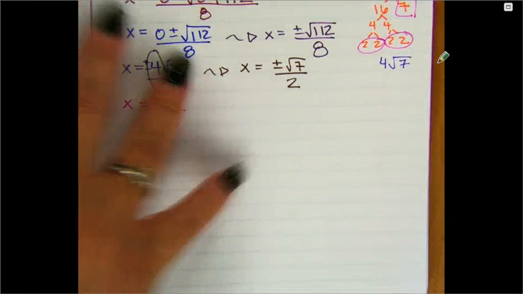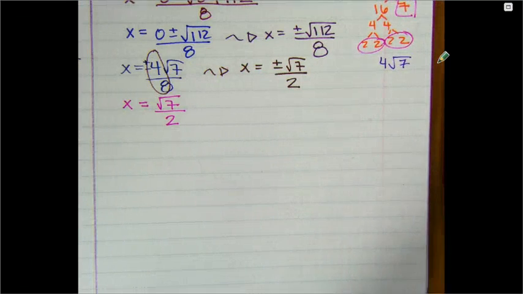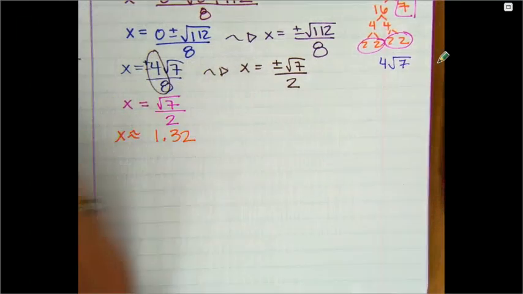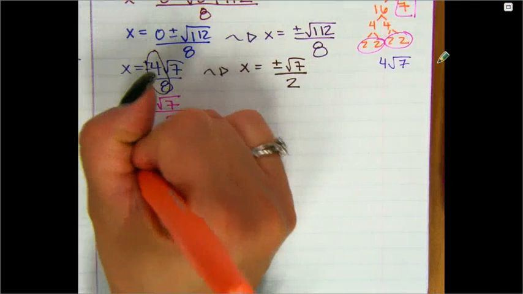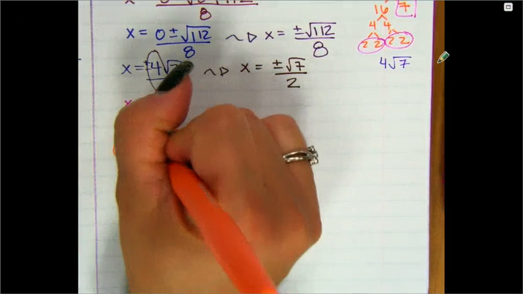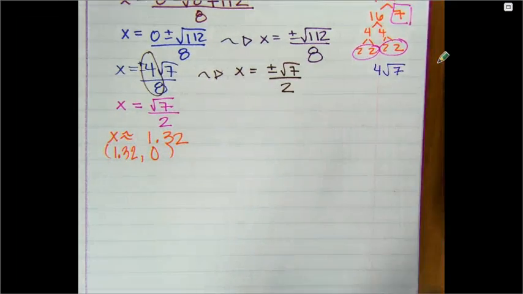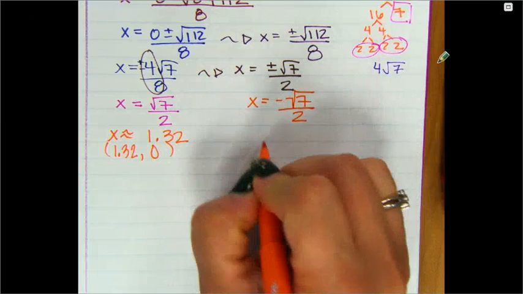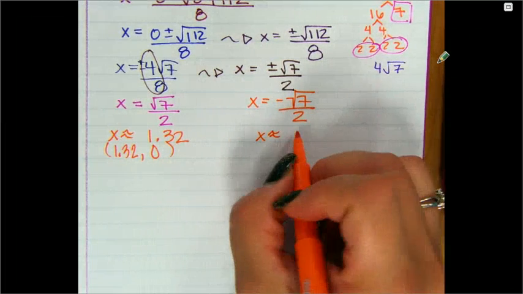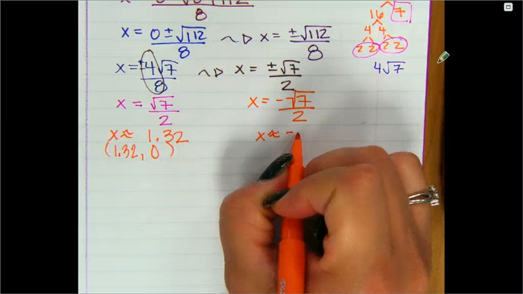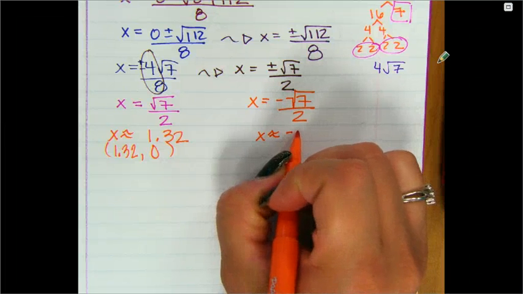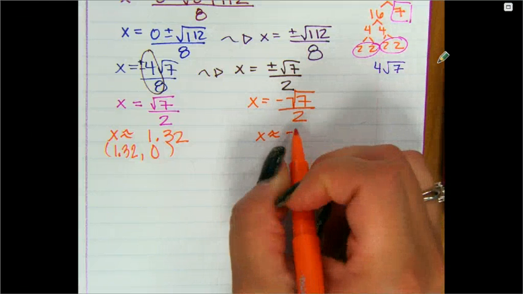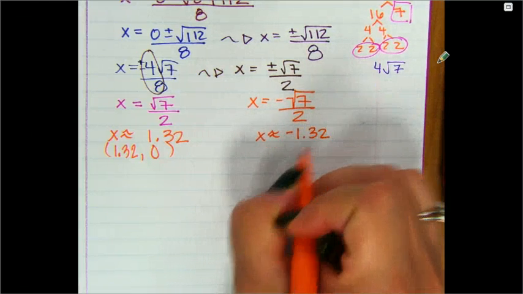All right. What did you get for the positive one? X is approximately 1.32. Good. So your ordered pair is what? Good. And for the second one, it's going to be x is equal to negative square root of 7 over 2. So x is approximately negative 1.32.